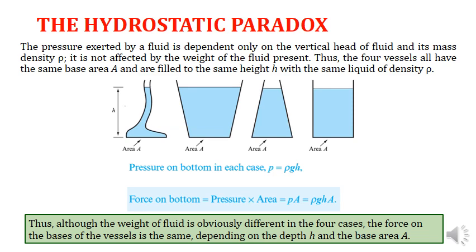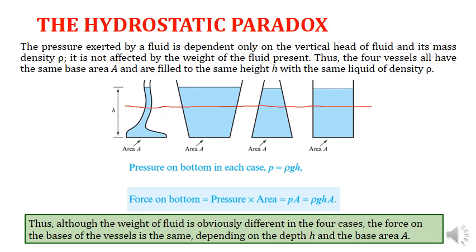you will see, let's suppose we are just marking a level for these four systems. Now if you are asked to determine the pressure at this particular point for all of these vessels or systems, what is the case?